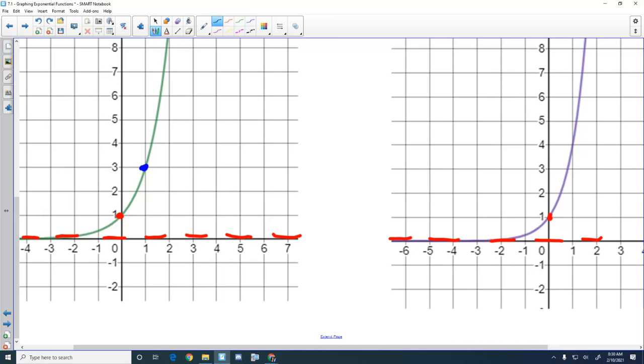Whereas the second point at 4 to the x is at 4. Do we see a connection there? So this over here was the graph 3 to the x. This graph here is 4 to the x. So whatever the base is, that dictates where the second point is going to be. It's kind of nice. And that's the only difference with different bases. This isn't so bad, right?